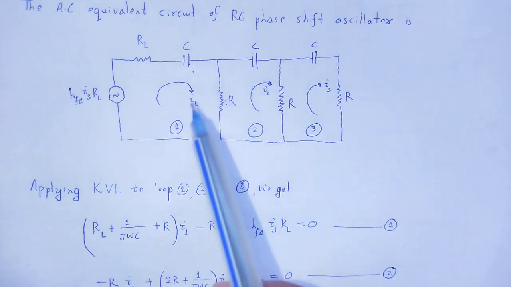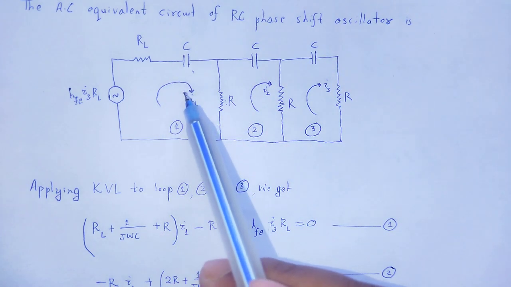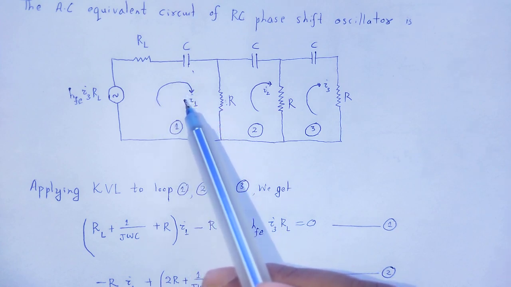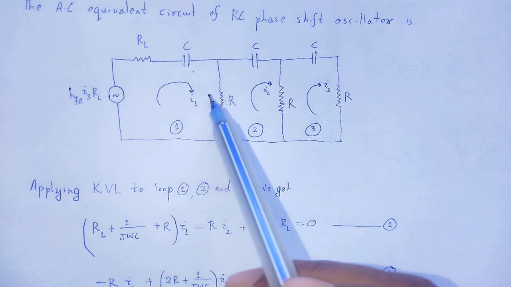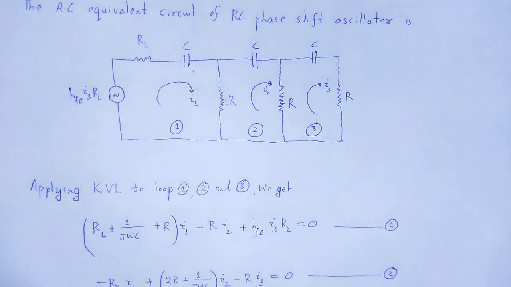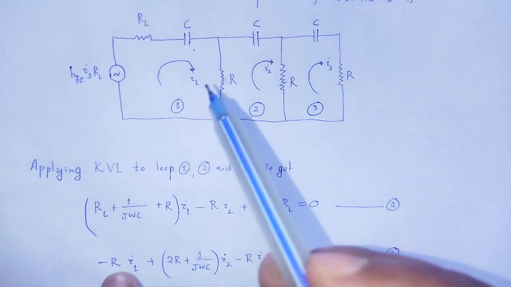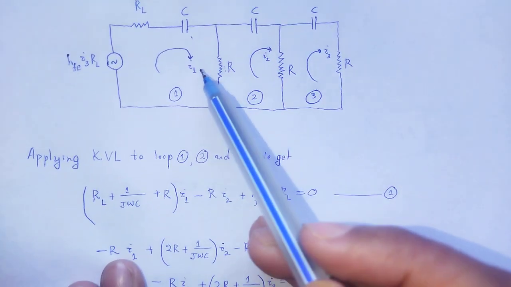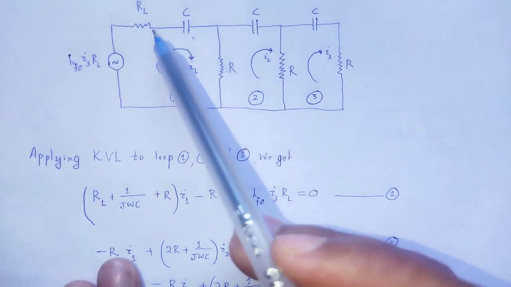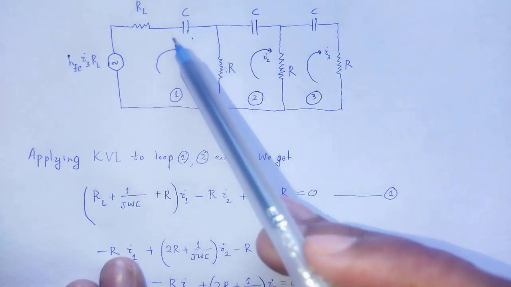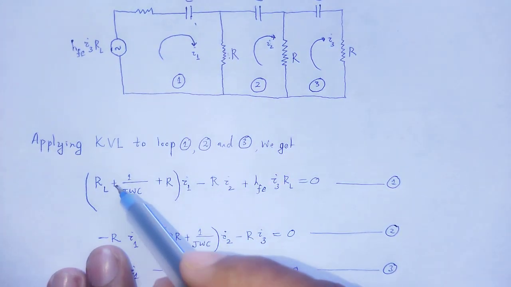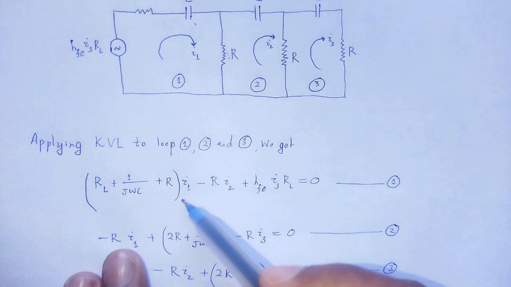For the sign notation, if the current is clockwise it is taken positive, and if it is anti-clockwise it is taken negative. The same rule we apply in loop number 1. Here the current is I1, so the voltage across RL, C and R in the clockwise direction is RL plus 1 by j omega C plus R, times I1.